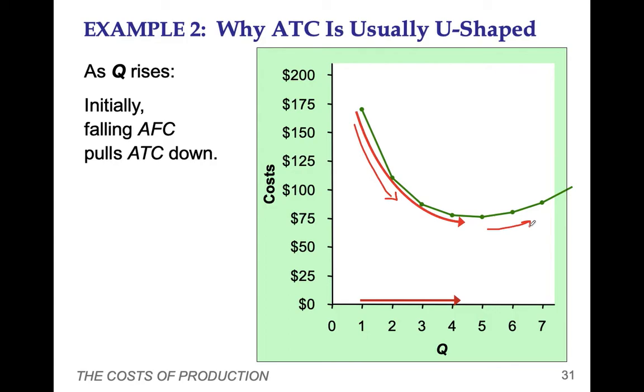As we increase the number of units produced, the average fixed cost decreases, and this decrease in the average fixed cost, which is a part of the average total cost, makes the average total cost fall as well. So this decline at the beginning is actually the effect of falling average fixed costs.